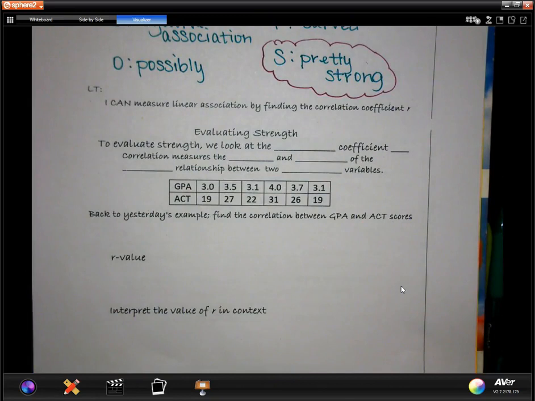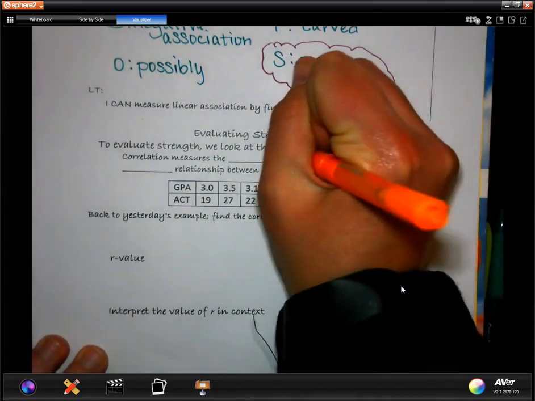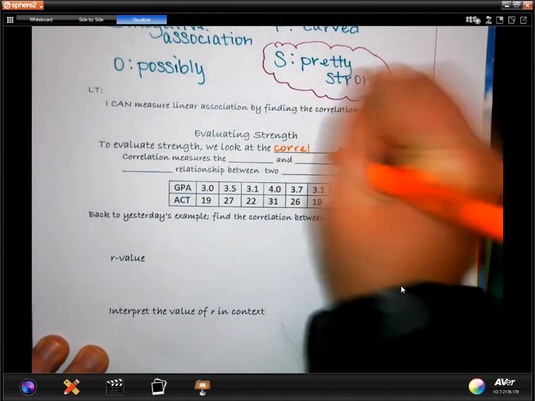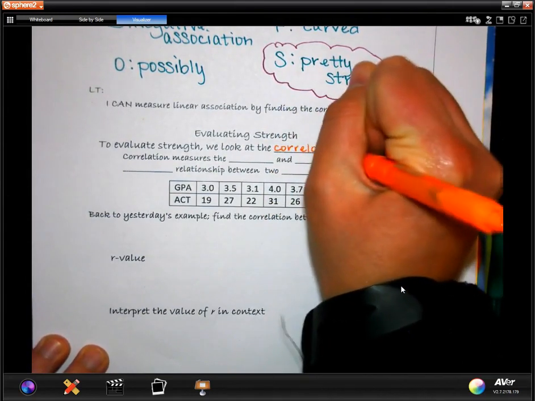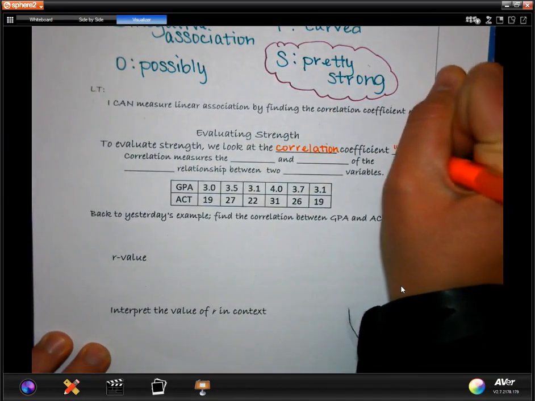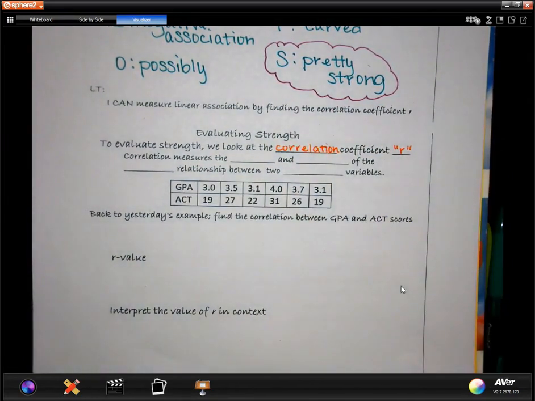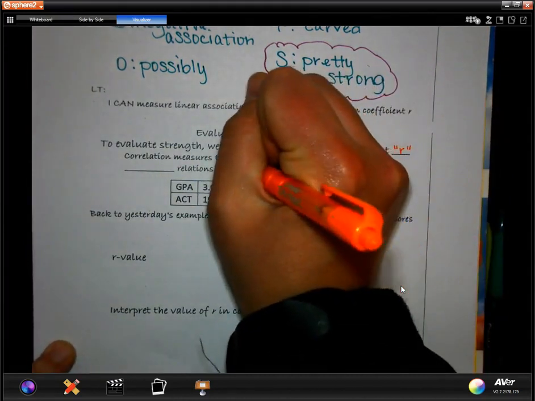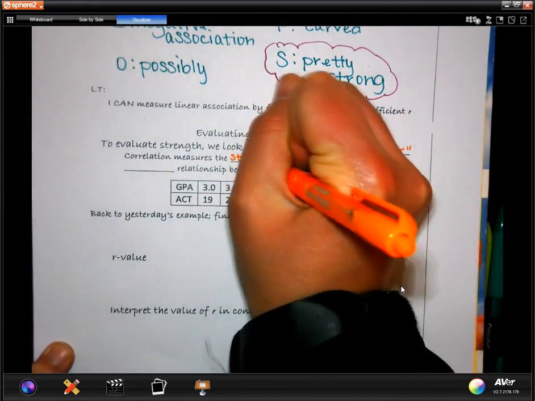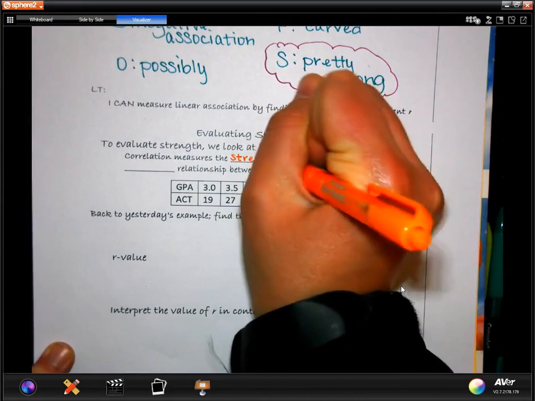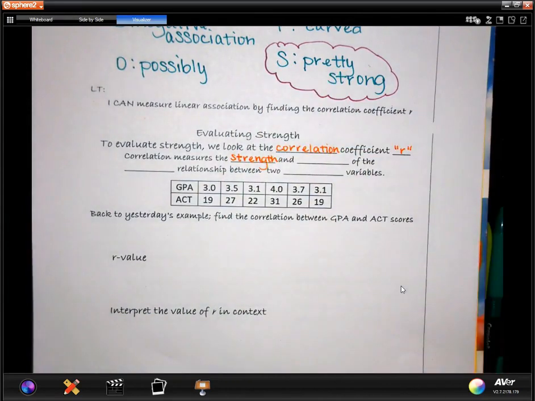So to evaluate strength, we look at the correlation coefficient, and we use the letter R. Correlation measures strength, but it also measures direction, because the two descriptors we use for direction are positive and negative.